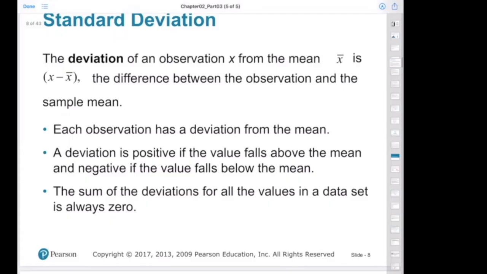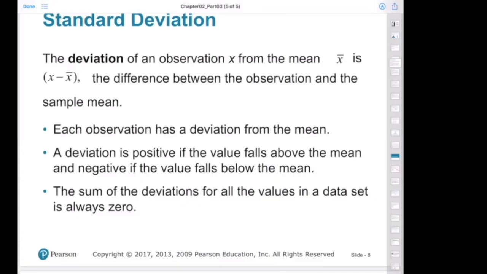But we will do this not for just one number or one data point. We will do this for all the data we have. So in this case, we need to find the sum of the deviations. But unfortunately, if you do this, you will find that the sum of the deviations is equal to 0. You can try this for any data set.